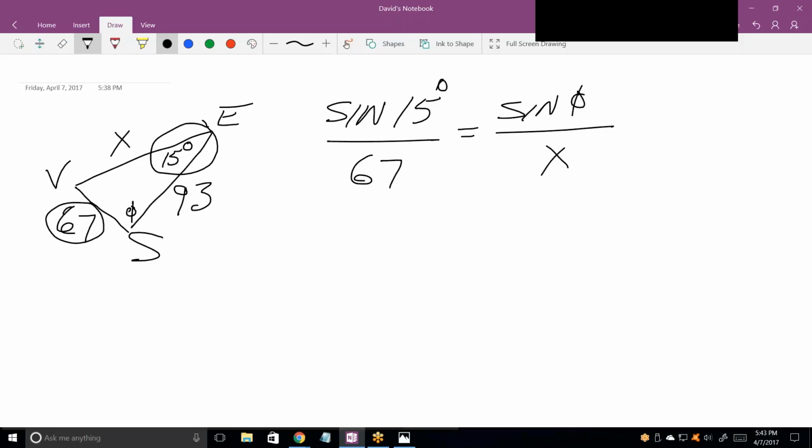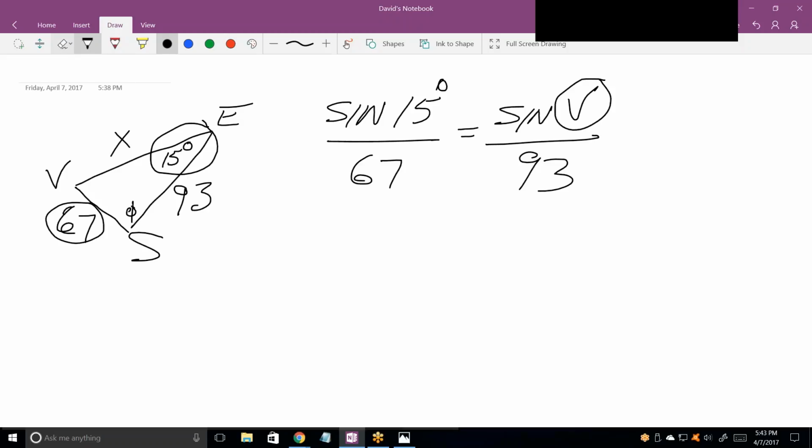That doesn't help. Notice that I still have two variables. I have delta and x. So that's not the next thing I want to figure out. What side do I only have one variable? 93. Okay, so I want the sine of v over 93. Now I have an equation that only has one variable in it.